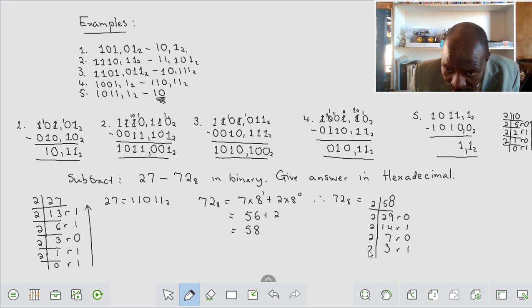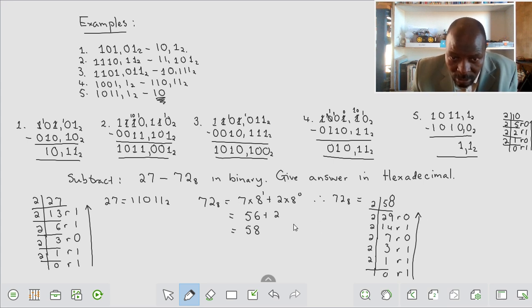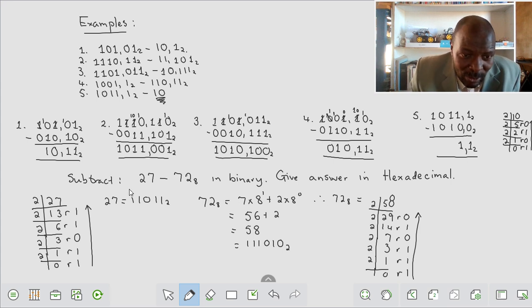And then 3, and then we are going to have 1, remainder 1. 2 there will be 0, remainder 1. Now my speed is a little low, so this is equal to 111010 in base 2.